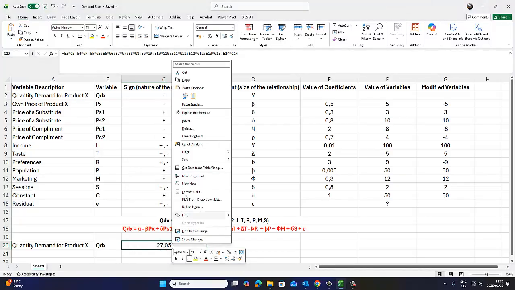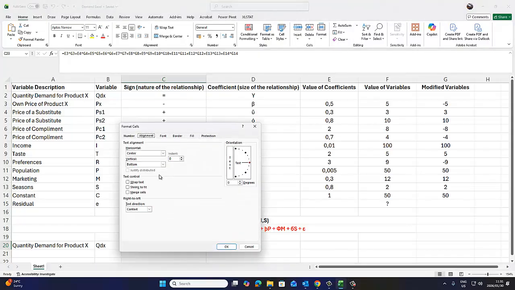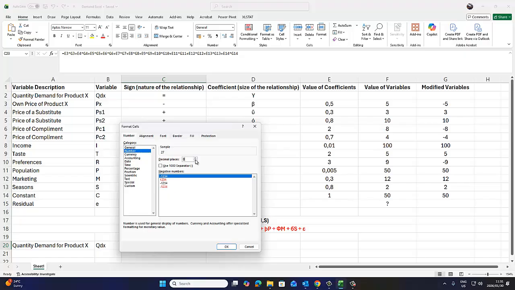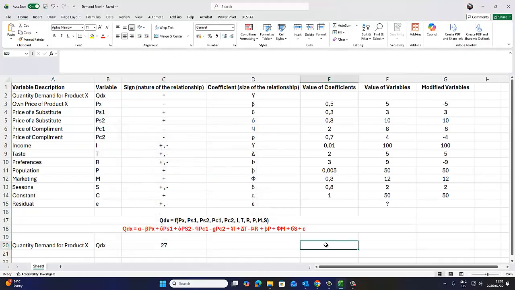So let's round it off, format cells. And we're going to say number, and round it off to 27. So that's very, very cool.